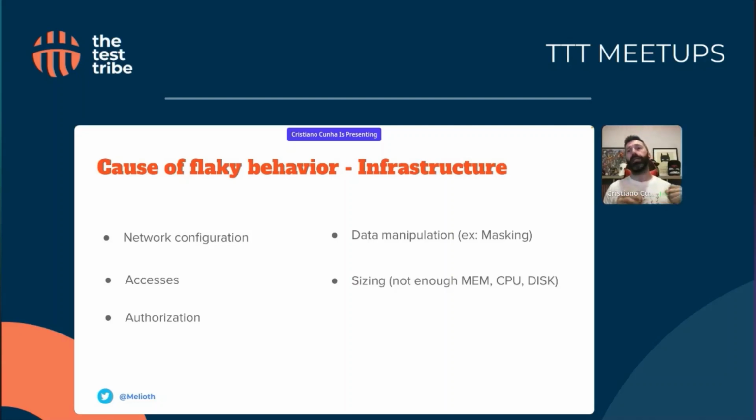And the last one is sizing. Like I said before, I never saw a production-like environment ready or available for anyone in development or QA to do their tests, because you need to have smaller environments with less CPU, less disk, less memory. And one of the things that was causing flakiness for me was memory leaks, that I already talked about.